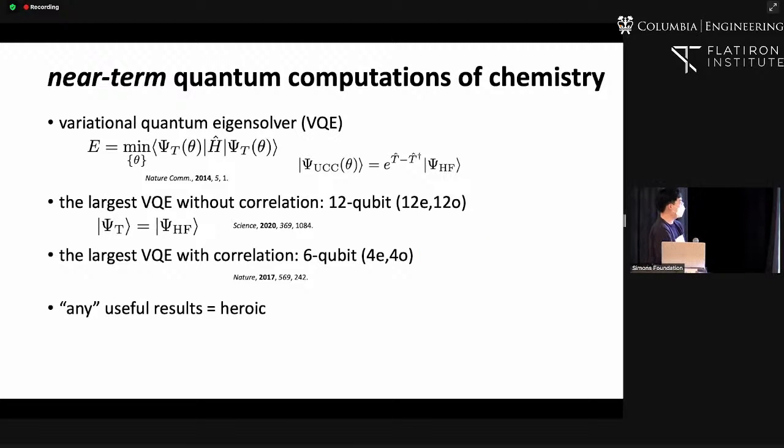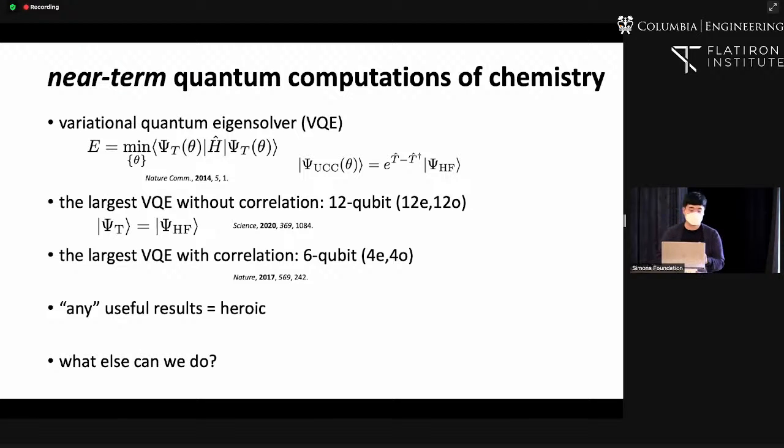Really, any useful results are considered to be heroic, because as a quantum circuit is really precisely controlling n coupled qubits from the left of the quantum circuit to the right of the quantum circuit, you need to do it in a very precise way, avoiding all these causes for circuit noise in order to produce any computationally meaningful results. So these are really the reasons why I think these results are actually heroic effort made by Google and IBM. But I'm a quantum chemist. I really like things that are practically useful.